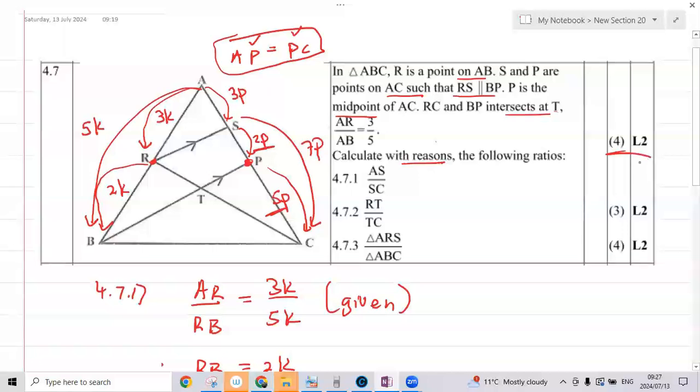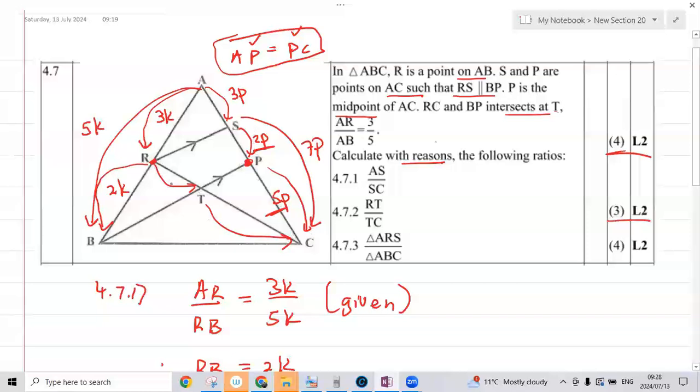Okay. Next one, 4.7.2, RT over TC. So RT over TC, where's RT? There's RT there, and there's TC there. See, this one, there's a pair of parallel lines there. So SP over PC must equal RT over TC. So you've got 7P there.